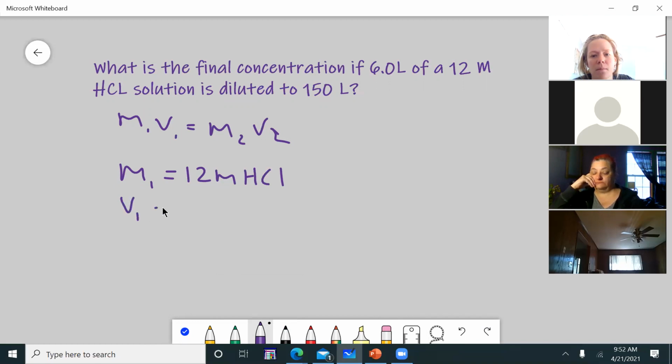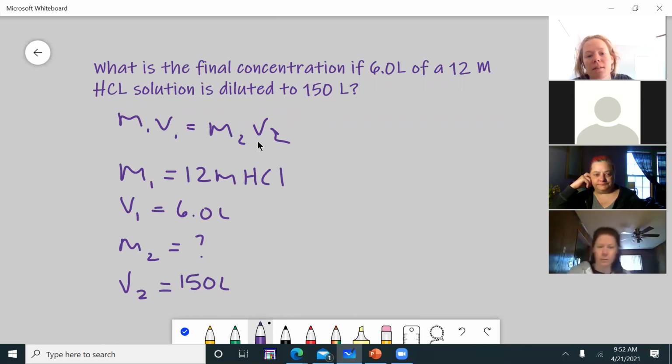Our initial volume is 6.0 liters. We don't know what our final concentration is. That's usually not how it works in a lab setting. You wouldn't just dilute and see what the concentration would be. Usually you're trying to dilute to a specific concentration, but for the sake of the problem, we're looking for that final concentration. We know the final volume is 150 liters.